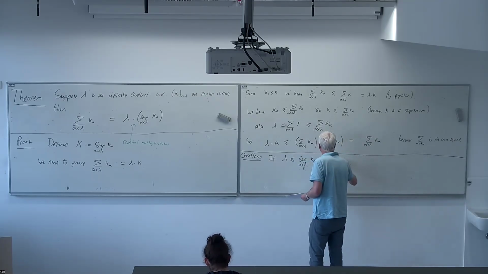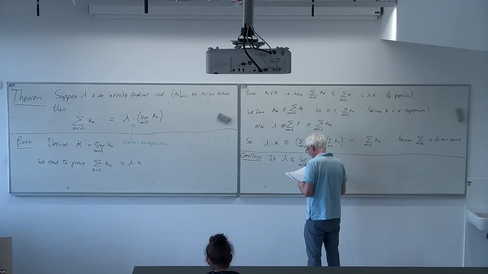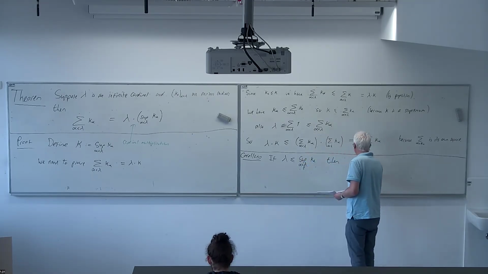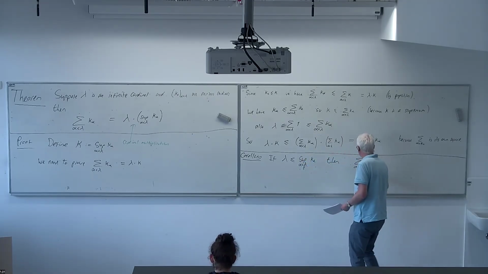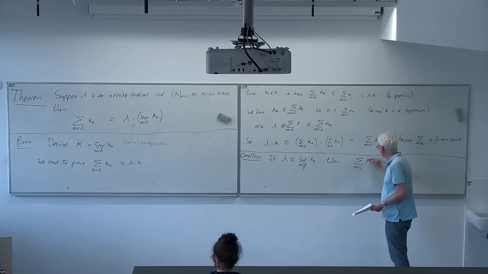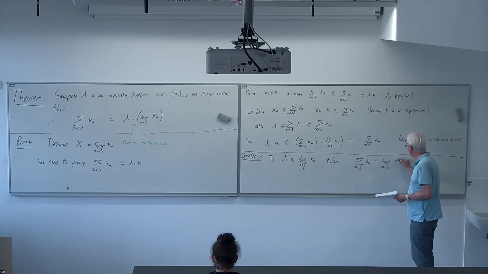Then what do we get in this case? We simply get that the sum over the alphas of the kappa sub alphas is simply the supremum of the kappa alphas.